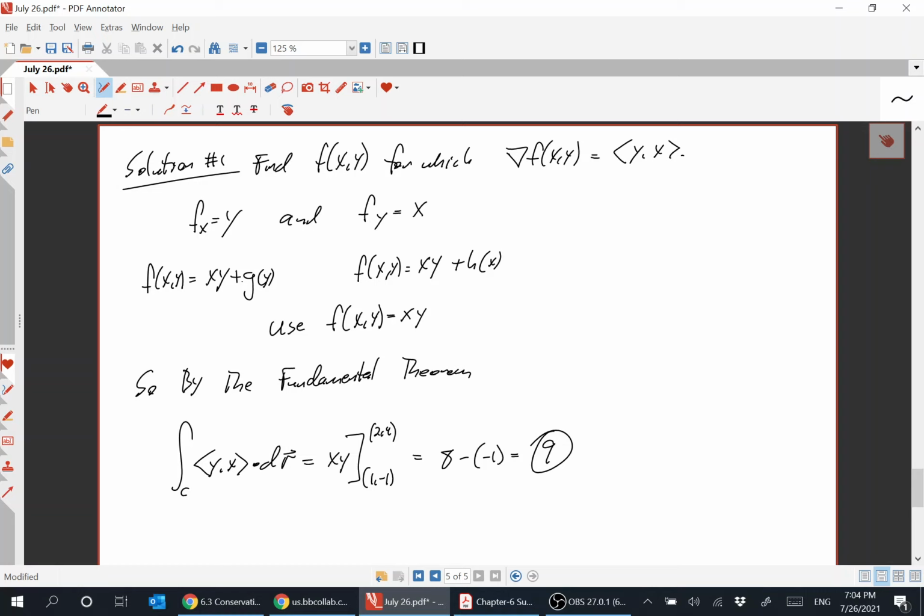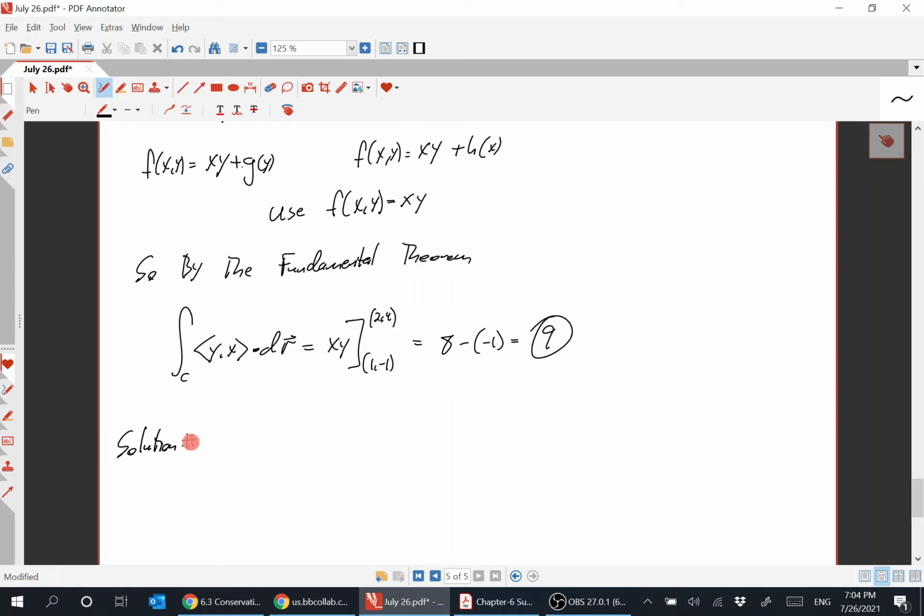Now, solution number 2. Another consequence of the fundamental theorem is that the answer is independent of the curve itself. All that matters is where the curve starts and where the curve finishes. So you can calculate the line integral directly by picking a nice curve. A line segment would be a typical example. So there was 1, -1 to 2, 4, and C goes from here to there.